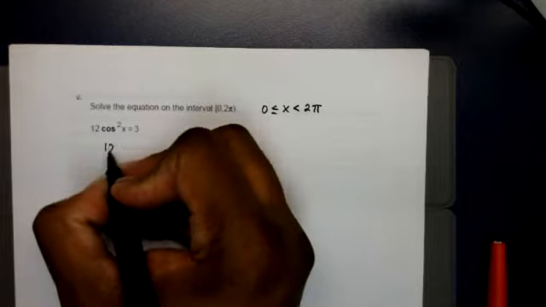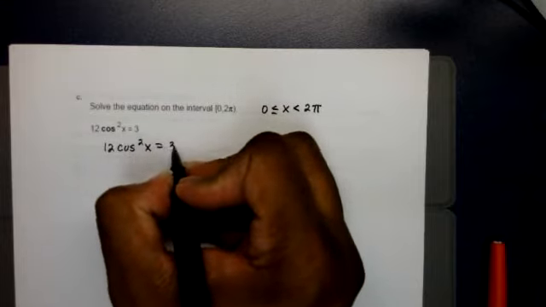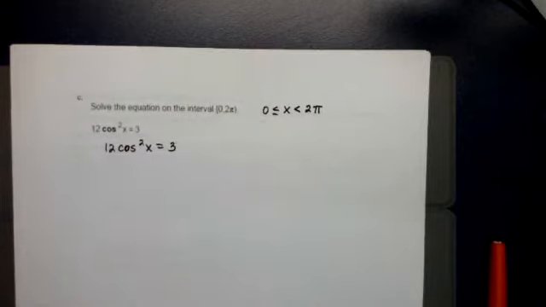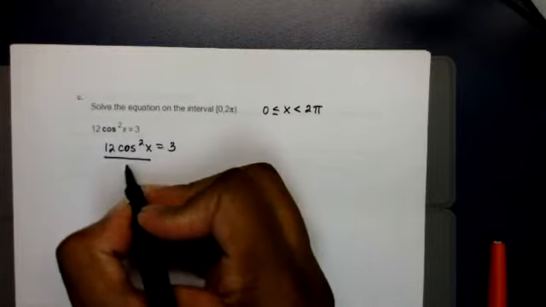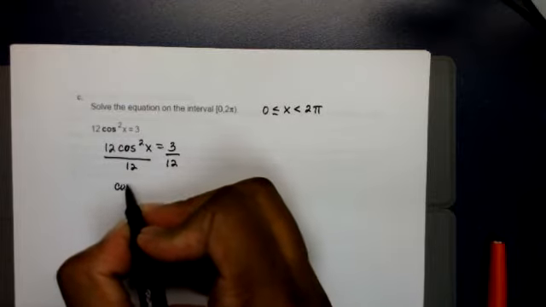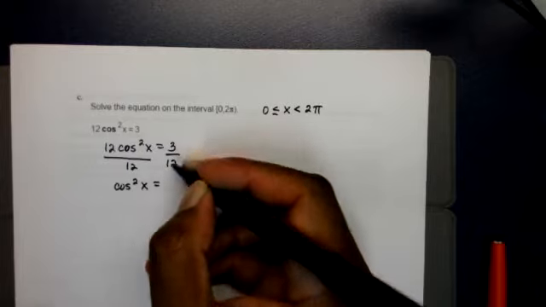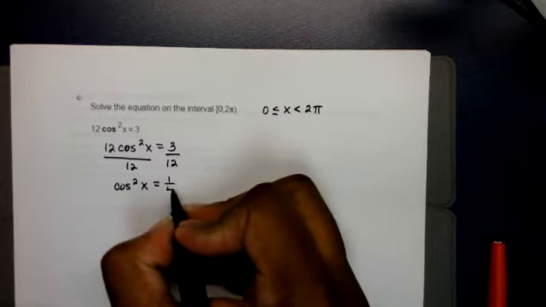So I'll go ahead and rewrite this equation. 12 cosine squared x is equal to 3. Now I'm going to get cosine squared x by itself. What I need to do there is divide both sides of this equation by 12. So that means I'm going to have cosine squared of x is equal to 3 over 12 reduces to 1/4.